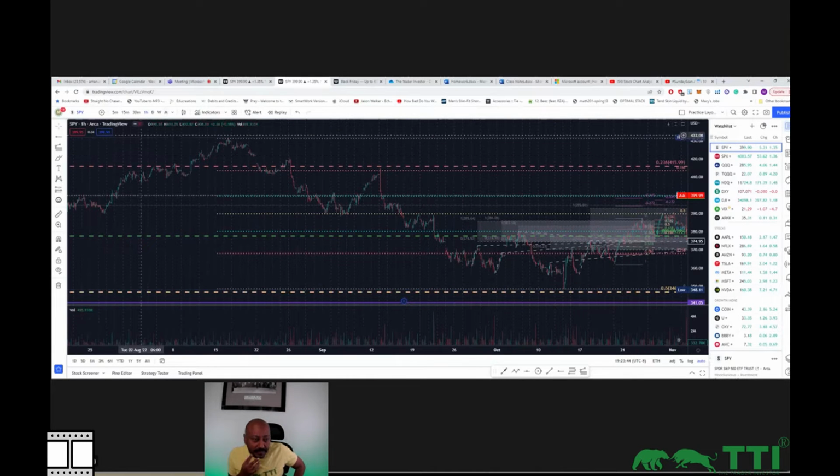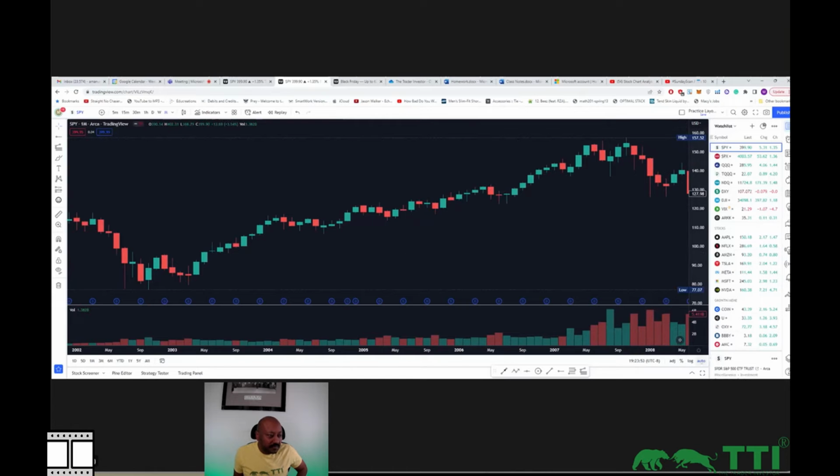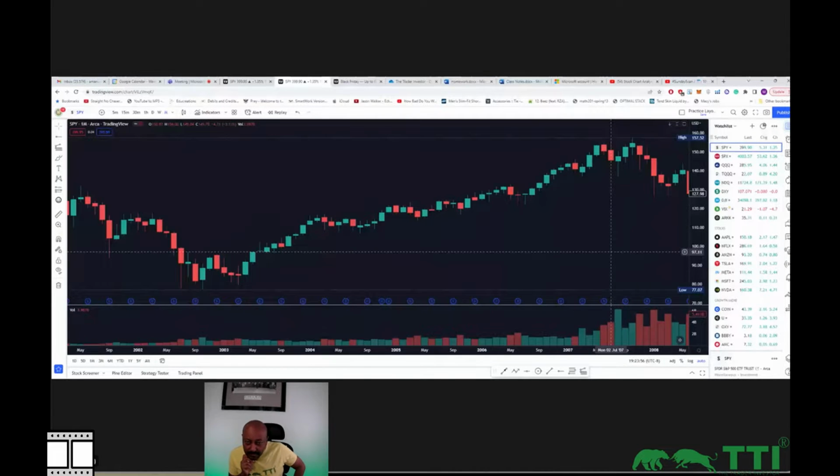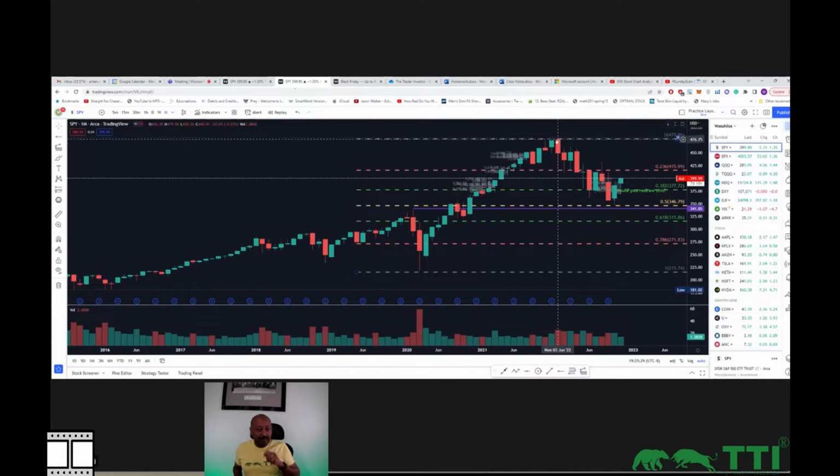Okay. So what I try to do is I started with the monthly chart, and I drew my fibs. I try to set up my fibs in all the time frames.